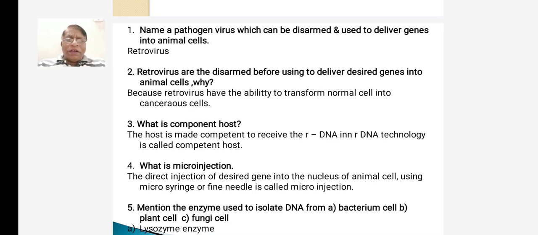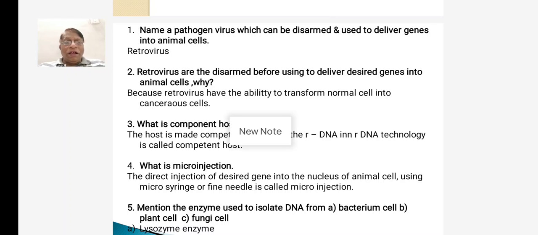The direct injection of desired gene into the nucleus of an animal cell using microsyringe or fine needle is called microinjection. So this is one of the methods by which we can introduce a desired gene.